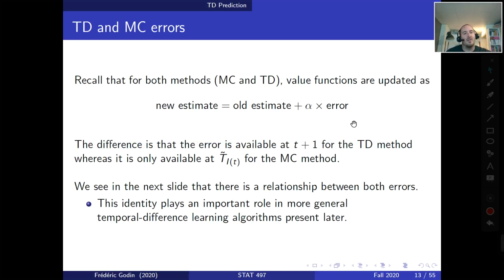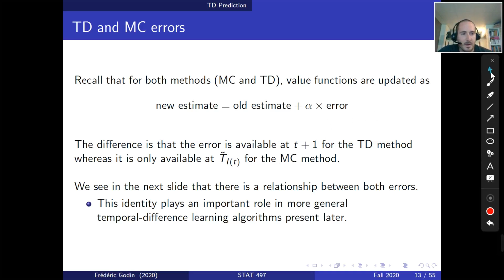For various definitions of the error, we get different reinforcement learning algorithms, and the difference between several algorithms we're going to see in this chapter and in future ones can be expressed as simply changing the error definition to come up with a new algorithm.